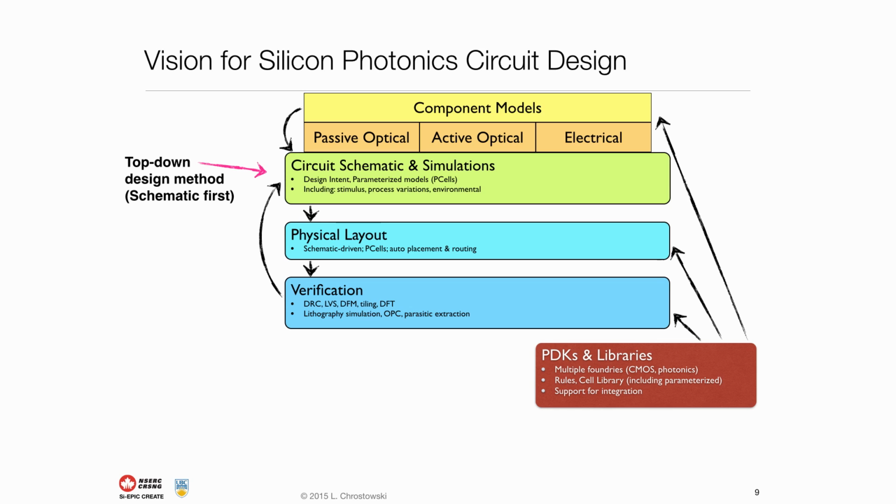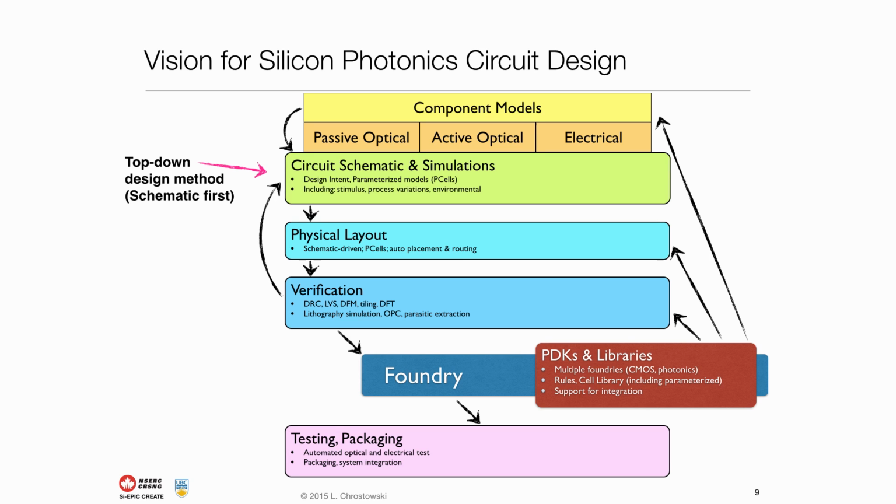In fact, there is a tool and a set of rules called Layout versus Schematic, or LVS. LVS looks at your layout, recognizes the components, and compares the components and connectivity with the original schematic. The rest of the flow is the same, namely fabrication by foundry, followed by testing and packaging. The main difference is that this design flow has a much more well-established PDK and enables rapid design of complex circuits without having to spend time on modeling individual components.